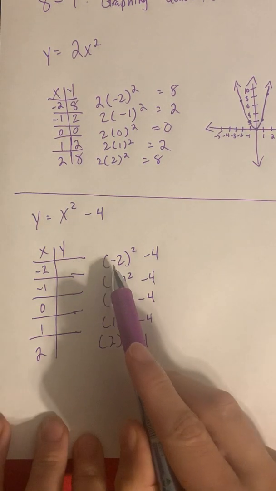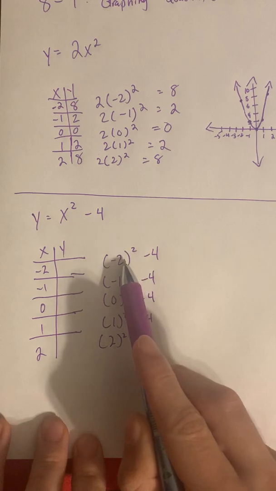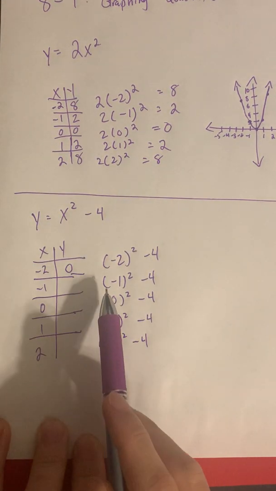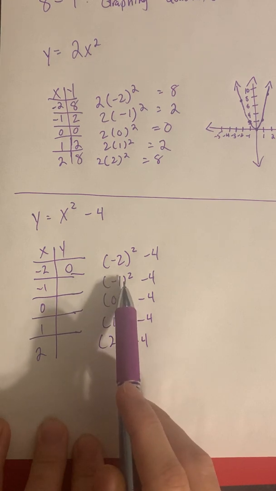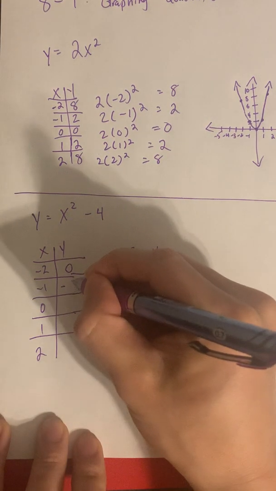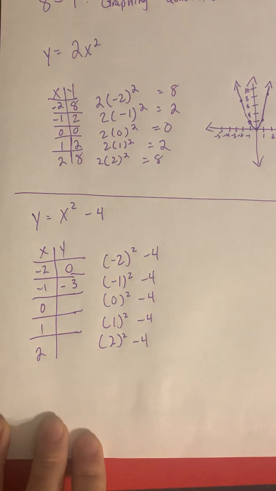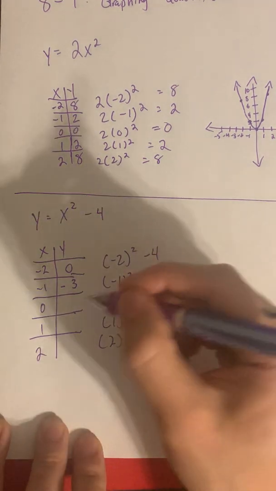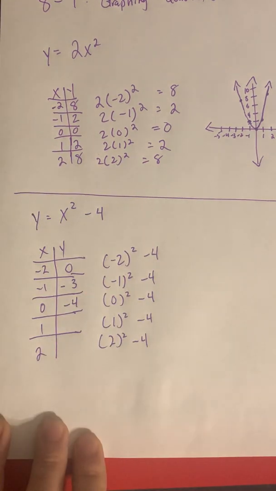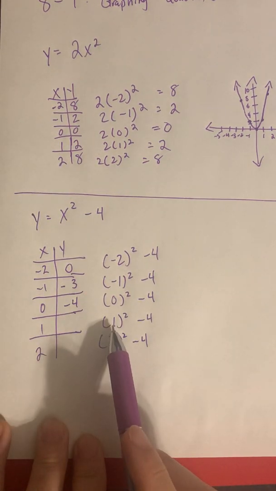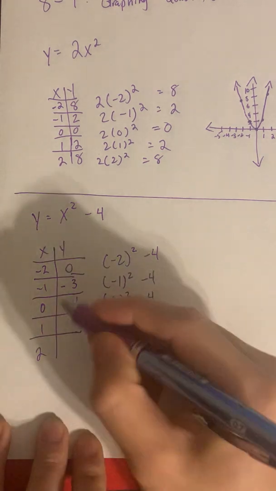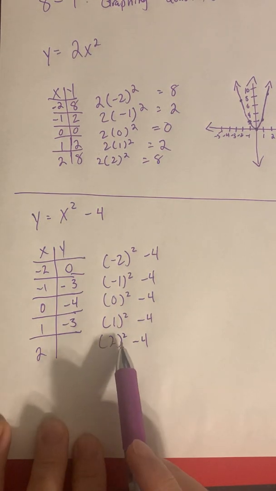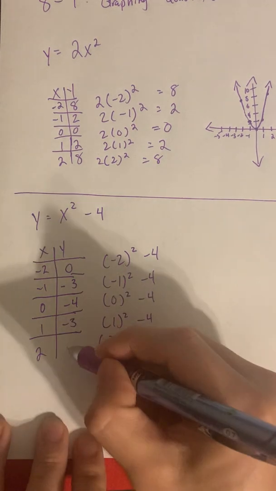All right, so -2 squared is 4, 4 minus 4 is 0. -1 squared is 1, 1 minus 4 is negative 3. 0 squared is 0. 0 minus 4 is negative 4. 1 squared is 1. 1 minus 4 is negative 3. And 2 squared is 4. 4 minus 4 is 0.